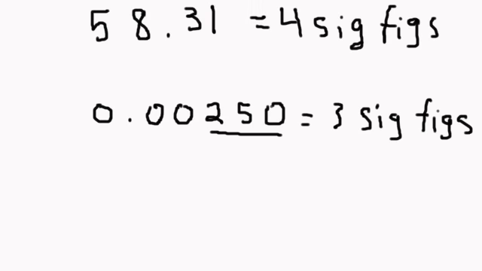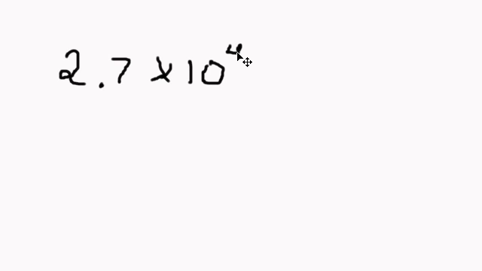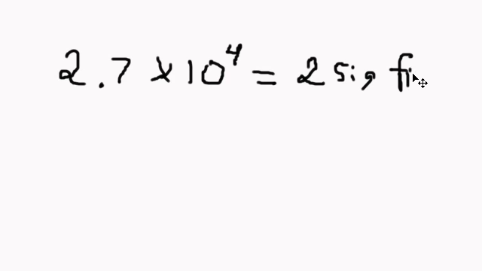Alright, the next example, 2.7 times 10 to the 4th. Now we're getting into scientific notation, and that's a little bit more complicated. So this number actually has 2 significant figures, 2 sig figs.